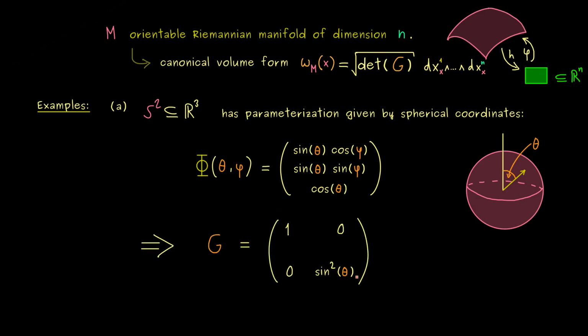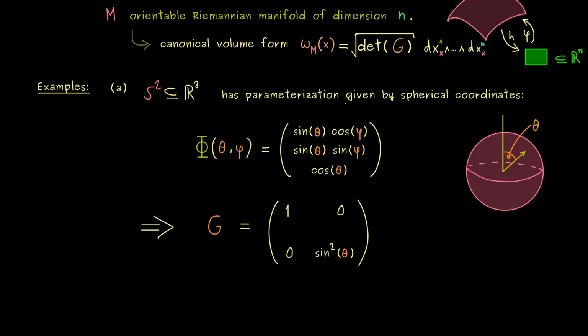And then what we get, simply by calculating partial derivatives, is this matrix G on the sphere. So you see, we already assumed that S2 is a Riemannian manifold with the standard inner product on it. But then the restriction of this inner product to the sphere gives us this matrix G. And therefore, we also get our canonical volume form immediately. And this is something you might also already know.